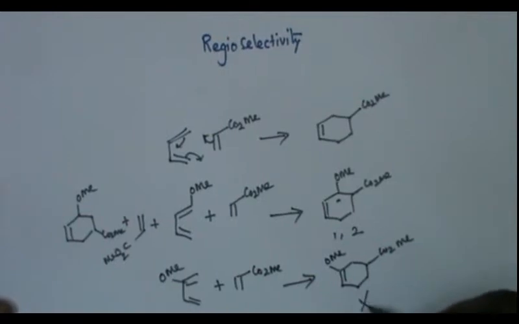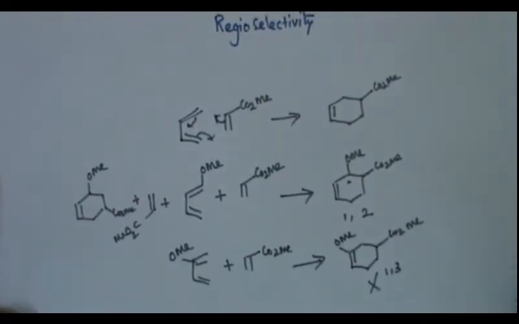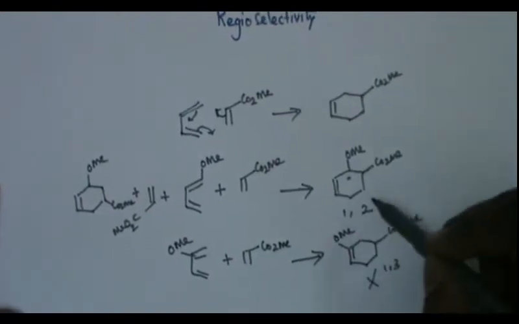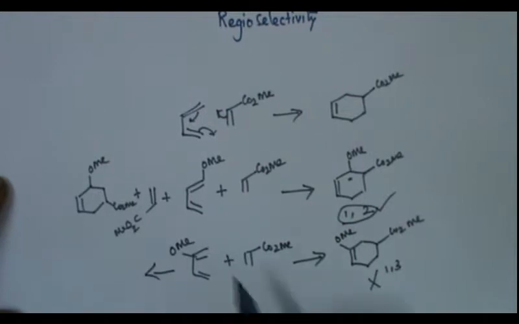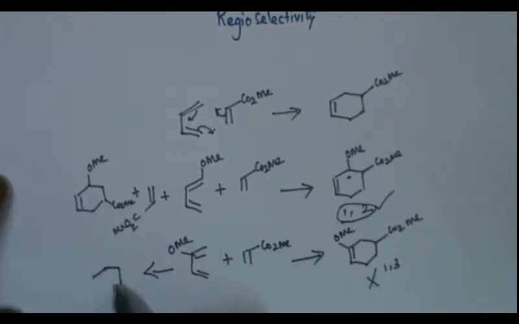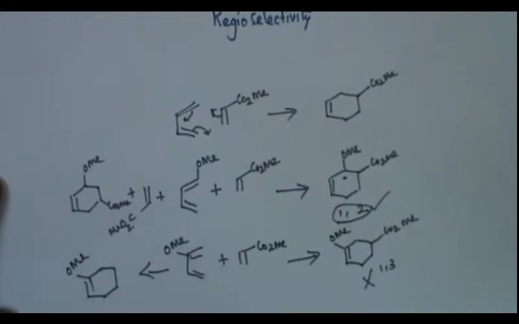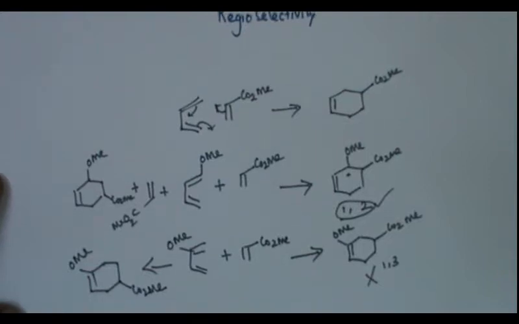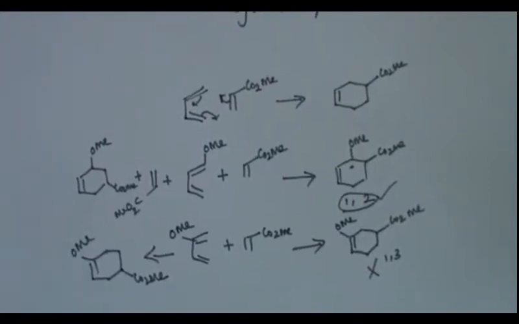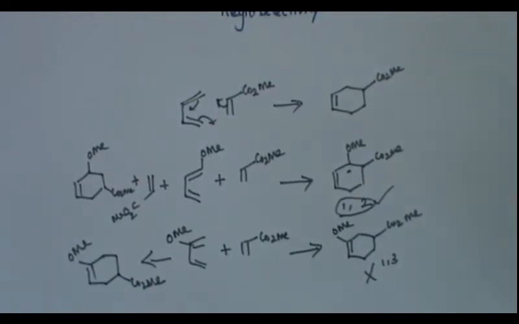But since it is 1,3, it is not favored in Diels Alder reaction. In Diels Alder reaction, 1,2 and 1,4 products are favored. 1,3 will not be formed at all.